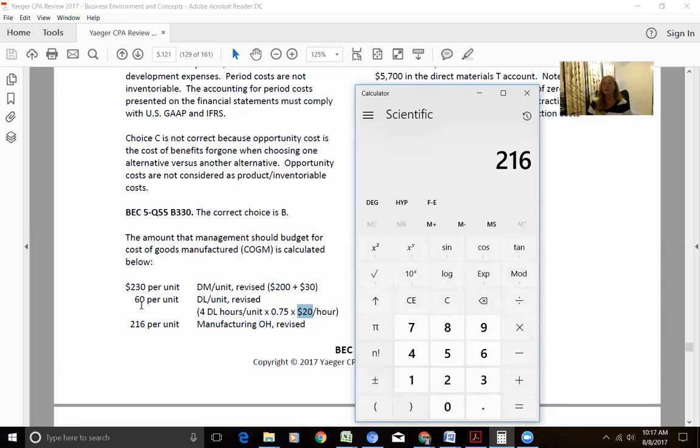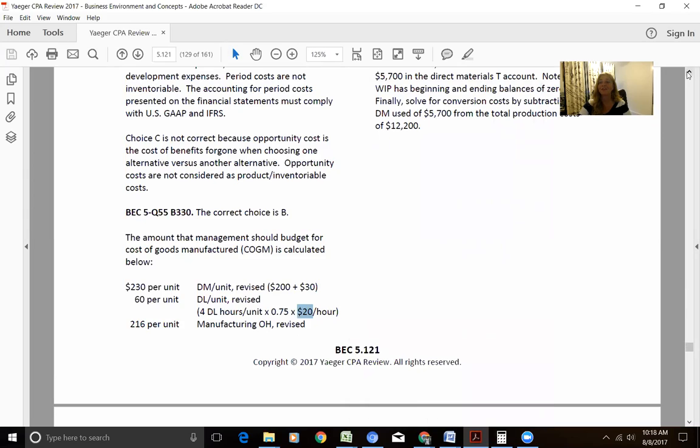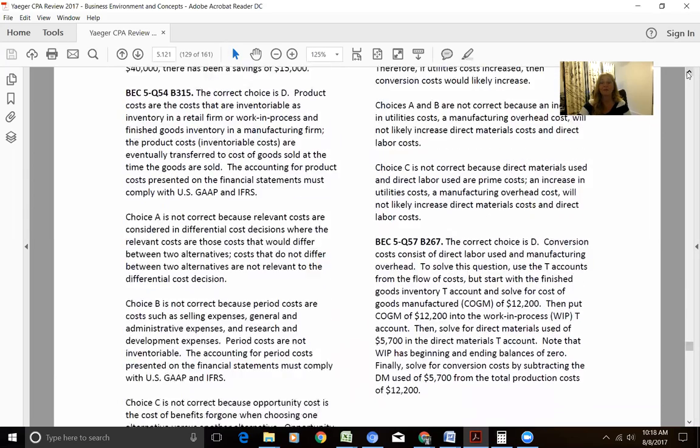So the cost of goods manufactured is going to include direct materials, direct labor, and manufacturing overhead. So if I add these three together, 216 is my manufacturing overhead, plus my labor of 60, plus my direct materials of 230. That means it's going to cost me $506 to manufacture each one of my individual products.